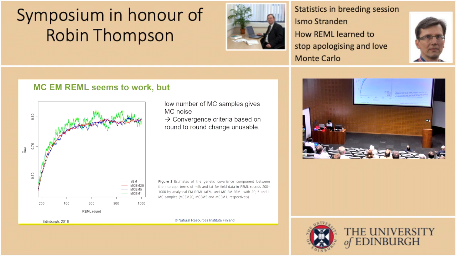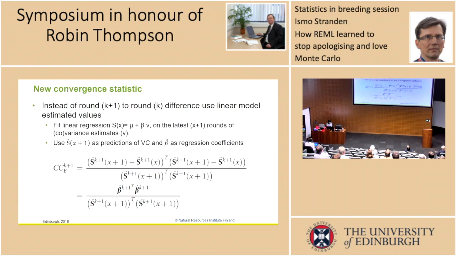So we decided to look for another kind of convergence criteria that uses several iterations of variance components, fits a linear model there, and uses a prediction of what the variance component would converge to, in place of the round-to-round change.